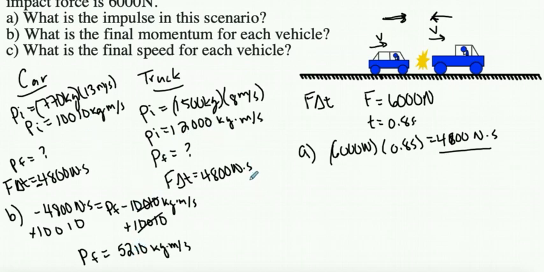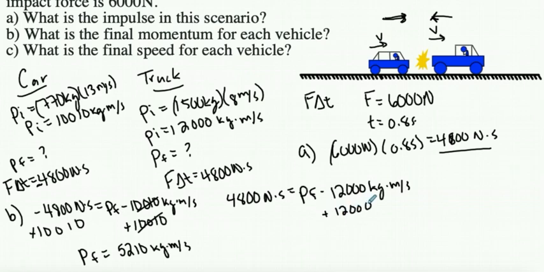So let's look at the final momentum of the truck here. So our impulse, 4,800 newton seconds. That's going to be equal to final momentum minus initial momentum, which is 12,000. Okay, so similarly, we're just going to add this value to both sides.